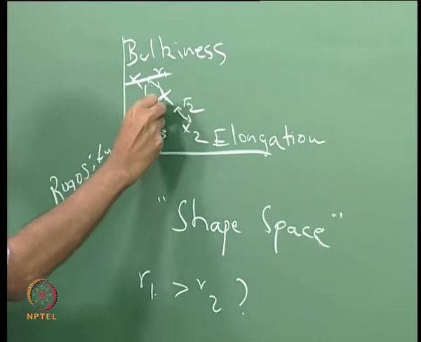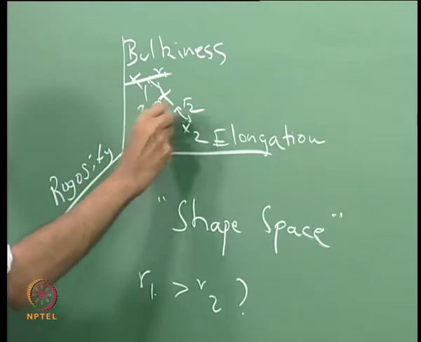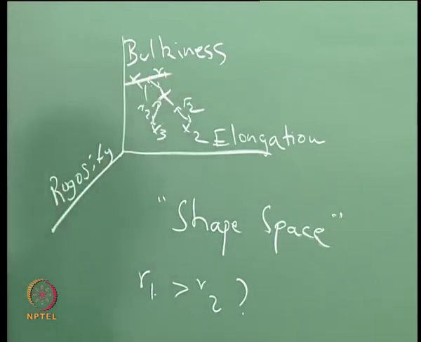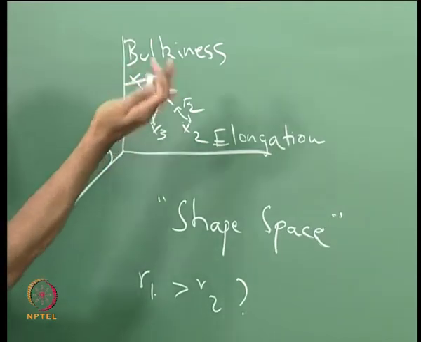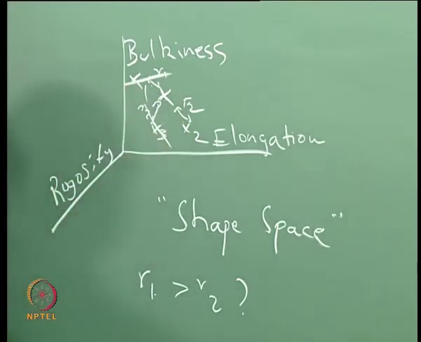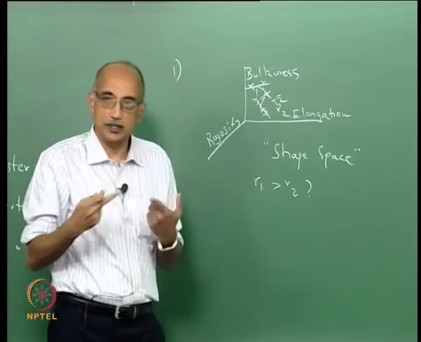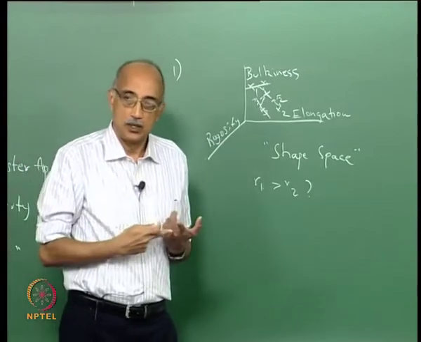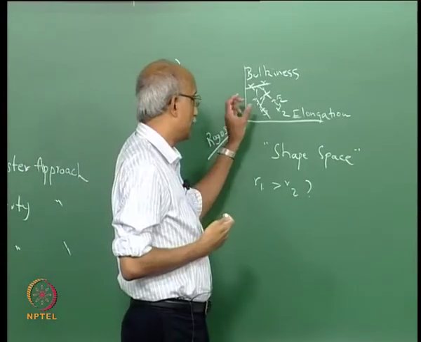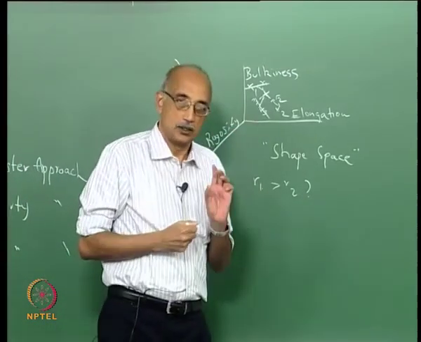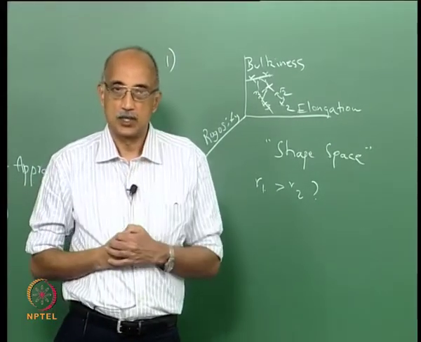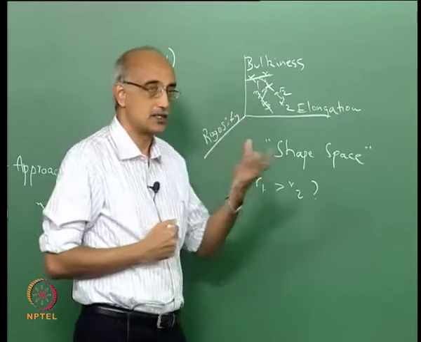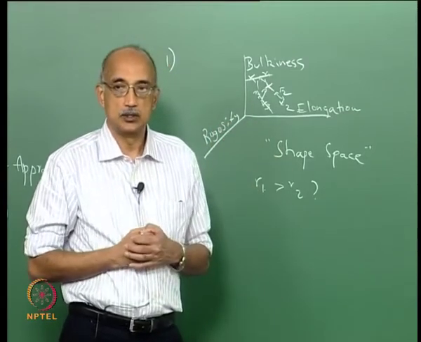And now you take R3 and you compare R3 and R2 and again see which one is larger, and let us say that now again R3 is larger, so again you discard this, and so it is basically an iterative process till you find a particular shape that gives you the minimum in this distance. Okay. So this is what is known as a distance function approach to obtaining the shape.